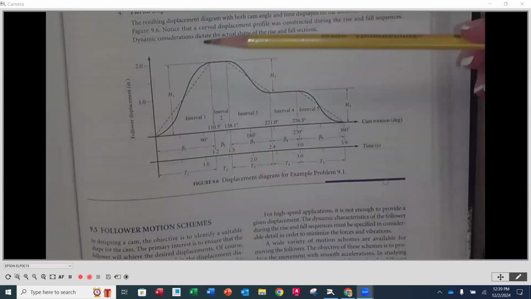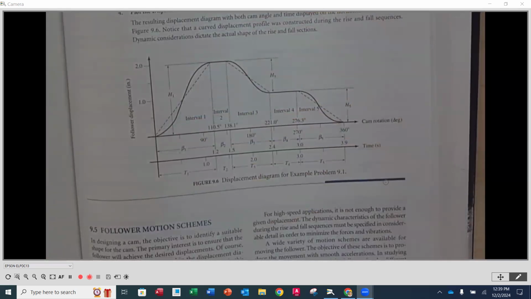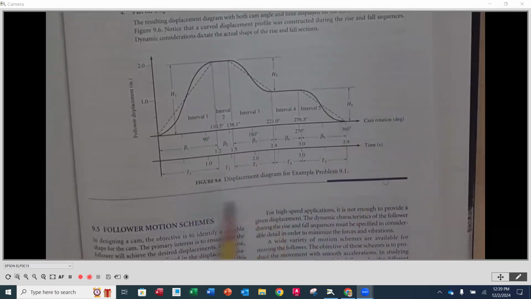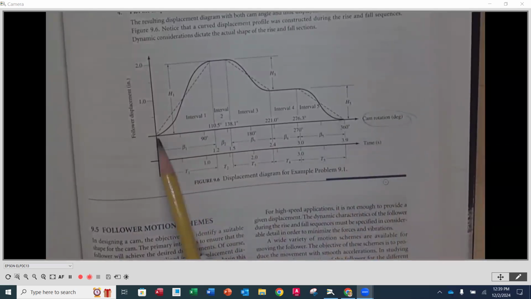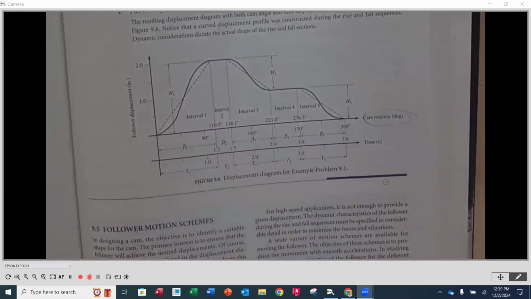A displacement diagram is basically going to give us a graphical picture of what's happening with displacement per degree of cam revolutions, okay? Along the x-axis here, I'm sorry, this is going to be the cam rotation in degrees. You're going to notice that right along this axis, you're seeing 90 degrees, 180, 270, and 360, and then a couple other milestones in between, okay?